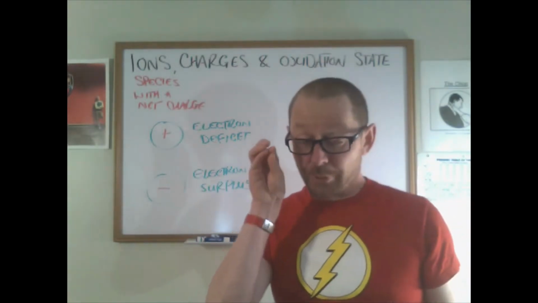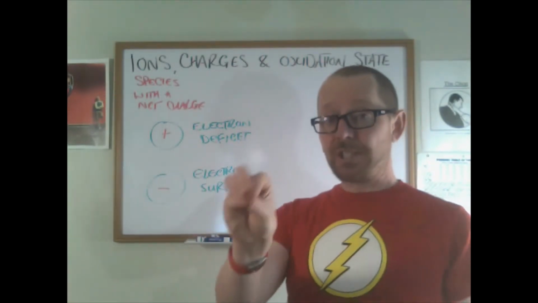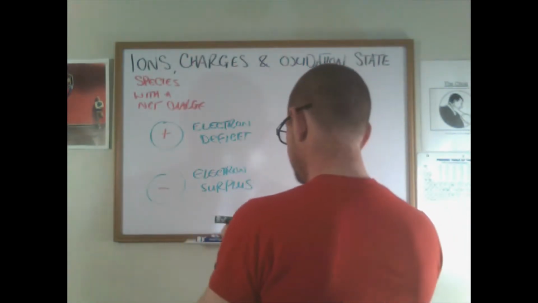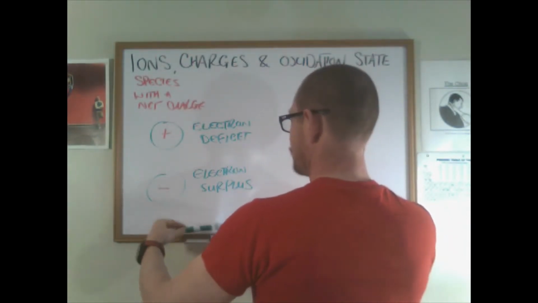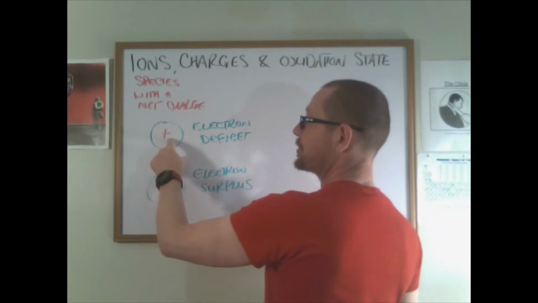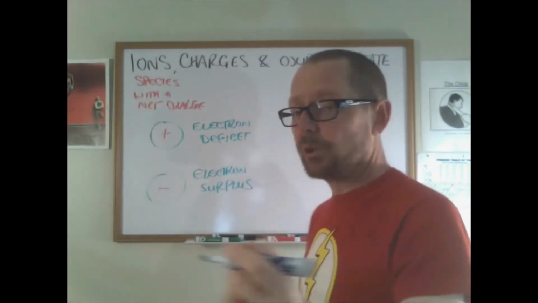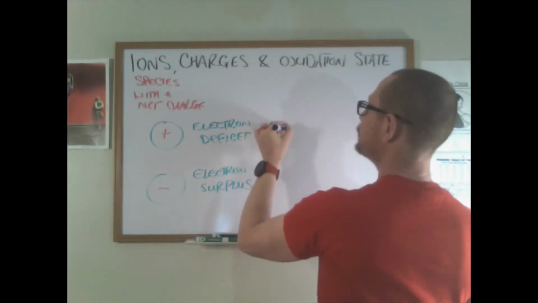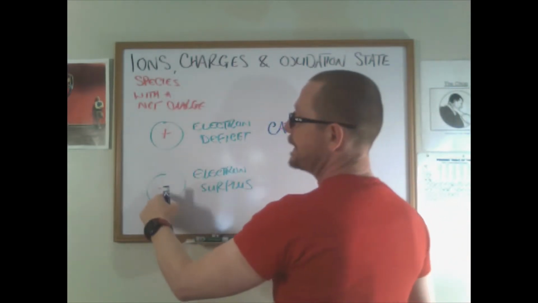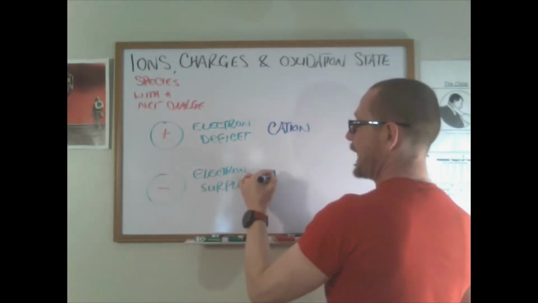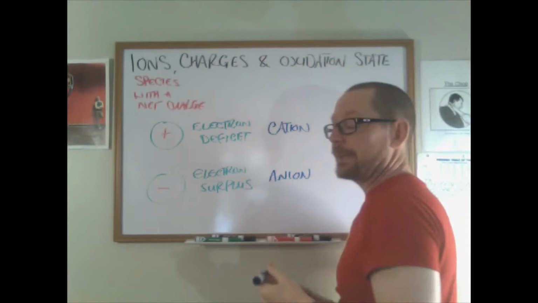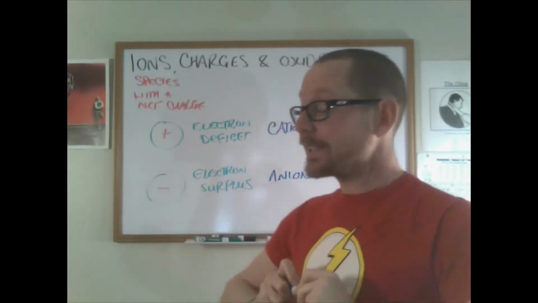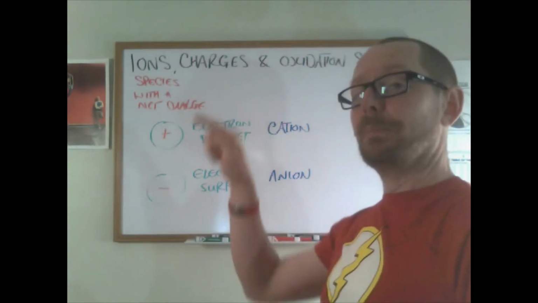But the nucleus remains the same throughout. If we have a positive ion, we call that a cation, and if we have a negative ion, we call that an anion. Anions and cations, but by how much?